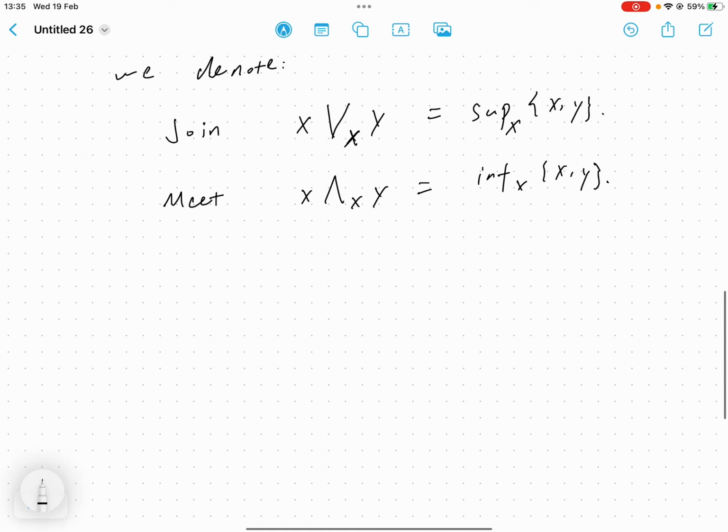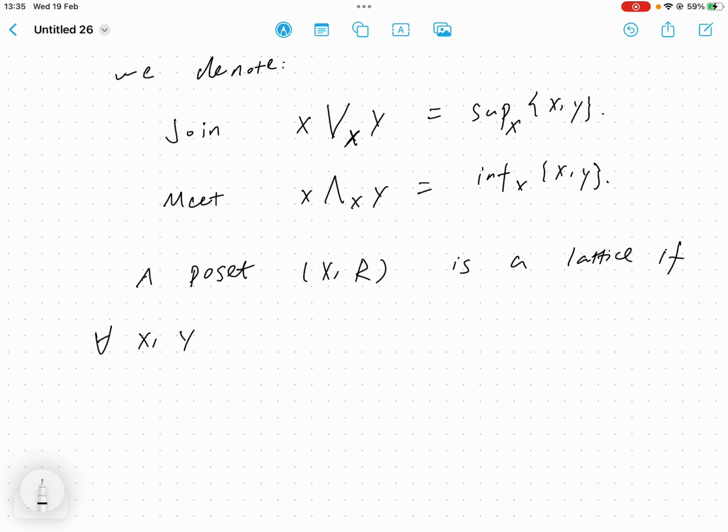Now we're gonna use the join and meet to define the lattice. We call a partially ordered set X with R a lattice if, for all x and y, the join and meet of x and y both exist.